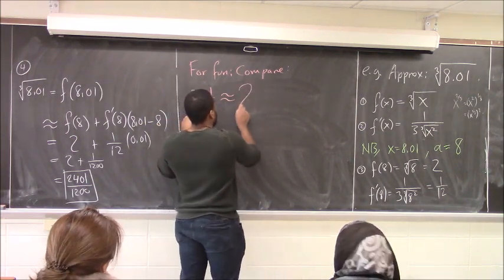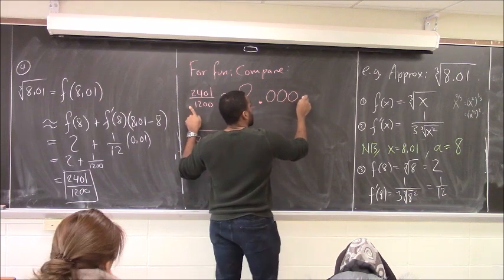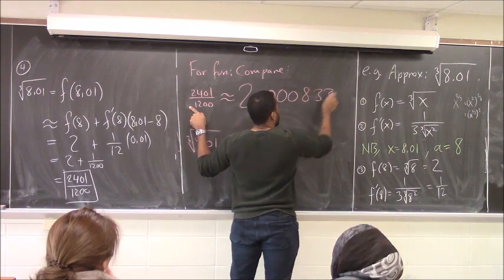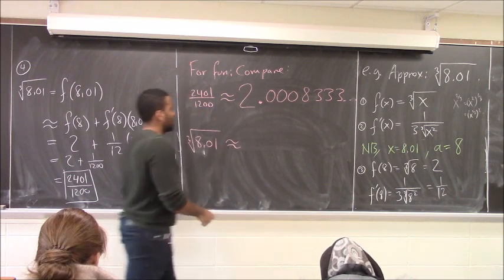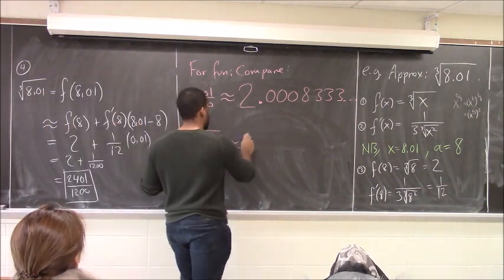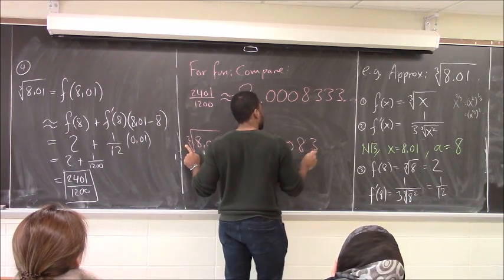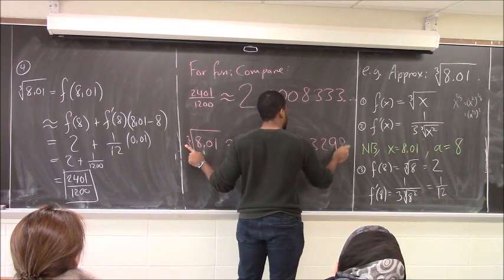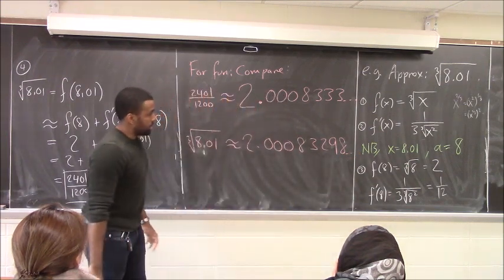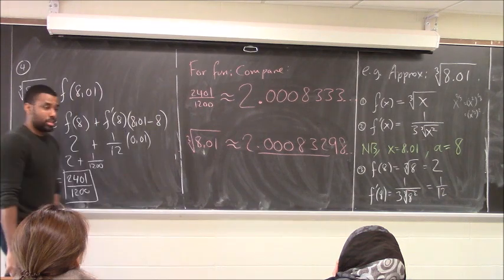It's going to be 2 something. 2.0008 and then 3. Okay. Plug this in. That one's 2.00832986. Look at that. If I just round it here, 6 decimal places, not bad.